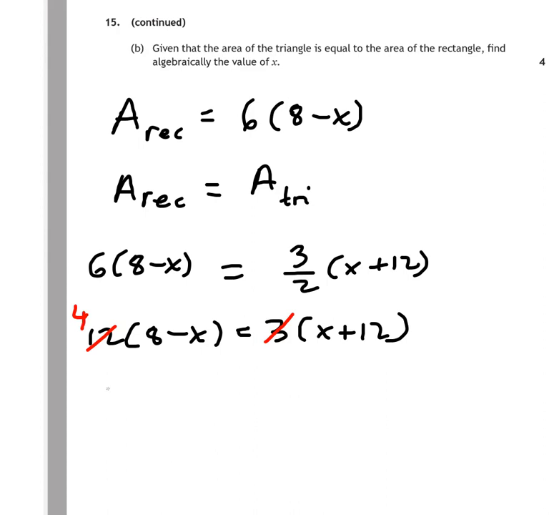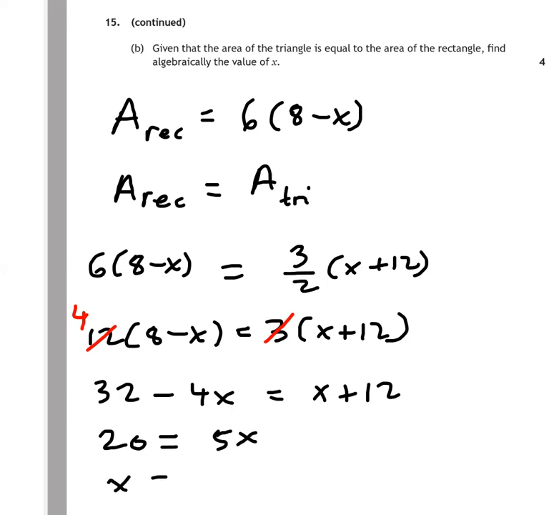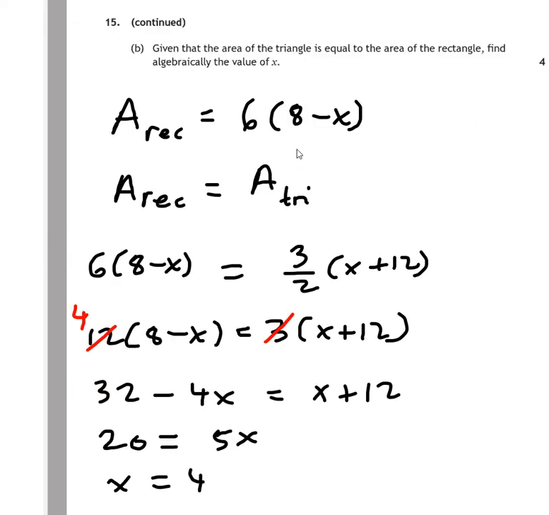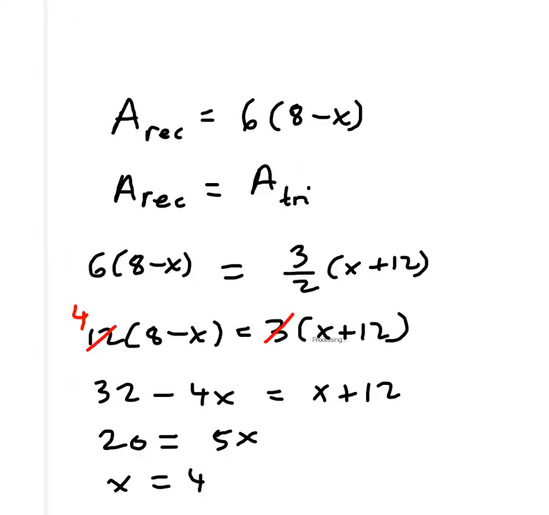So 4 times 8 is 32, and 4 times minus x is minus 4x, so 32 minus 4x equals x plus 12. And then we move the 4x to the other side, and we move the 12 to the other side. So that would become 20 equals 5x. So x equals 4. And I think that's in centimeters. Yeah, so 4 centimeters.